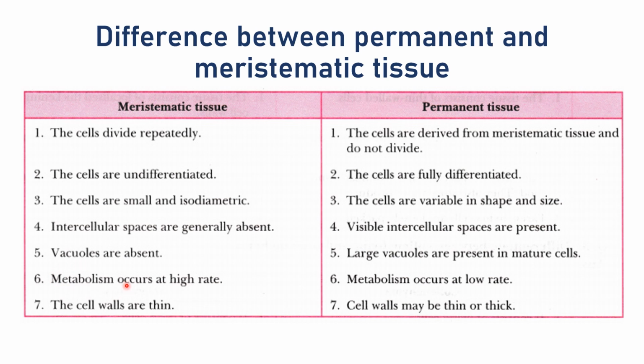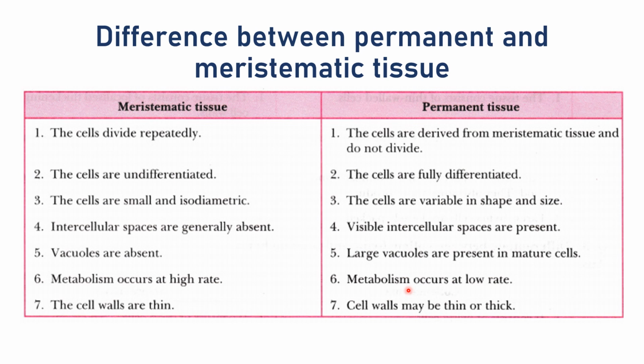Because they are forming new cells, and new cells require food and energy, so a lot of metabolic activity is taking place. As compared to the meristematic tissue, metabolism is at a low rate in permanent tissue.